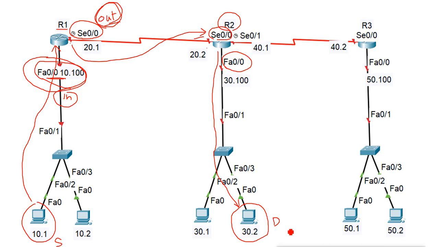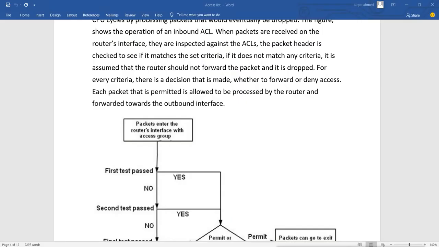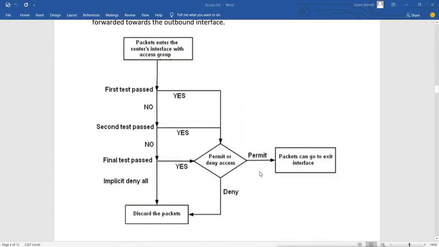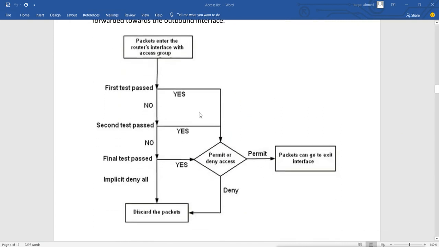So how do we do that? We can see this image here. For example, a packet enters the router's interface with an access group. So when it enters here, first test passed. Now it will check the first statement from the ACL.